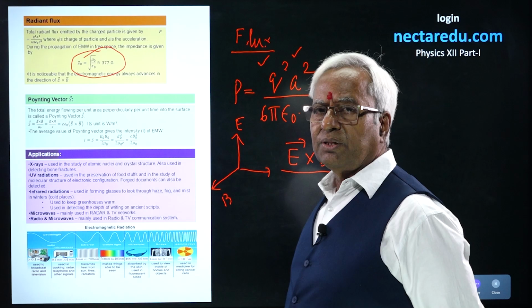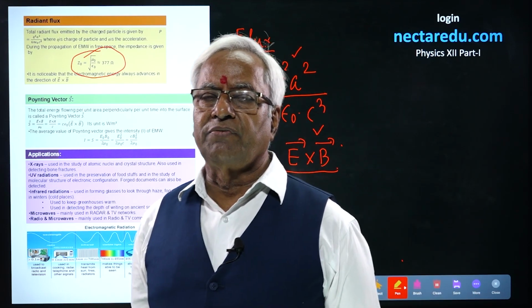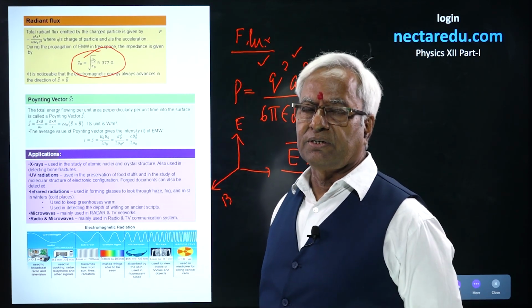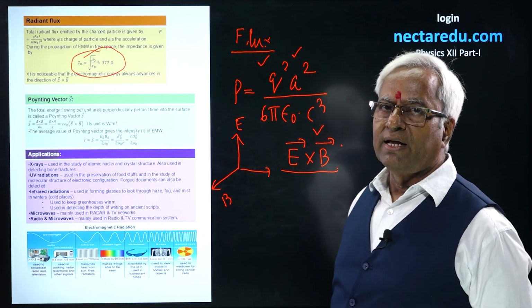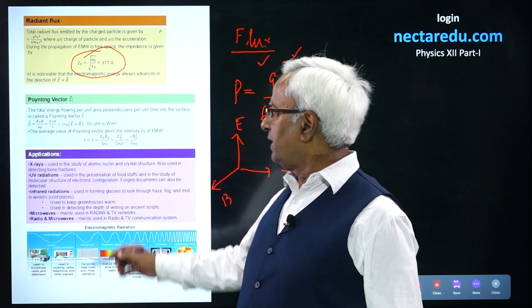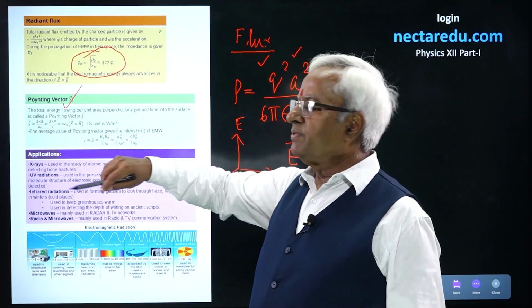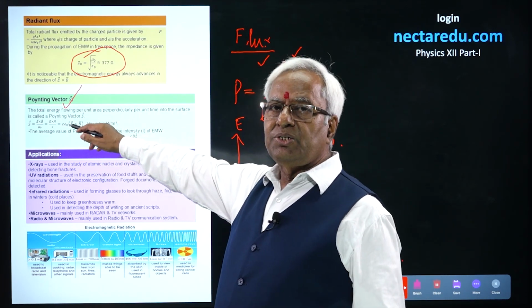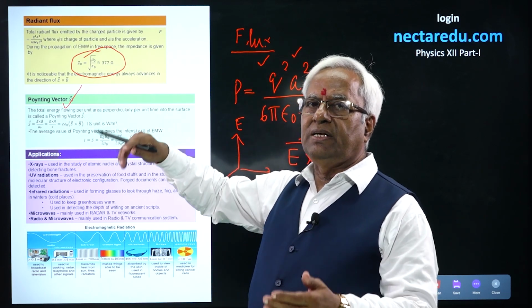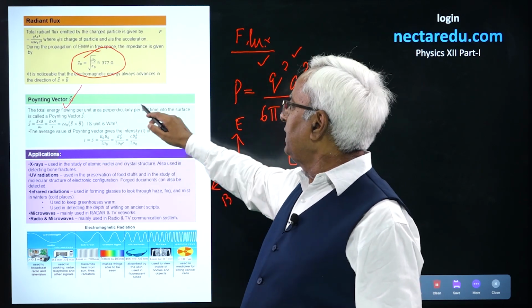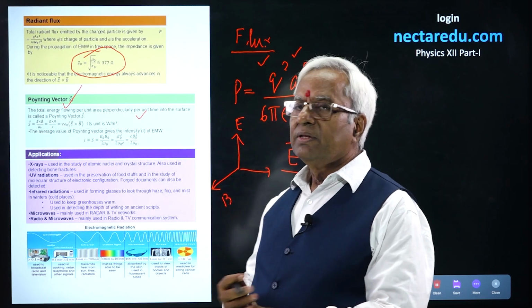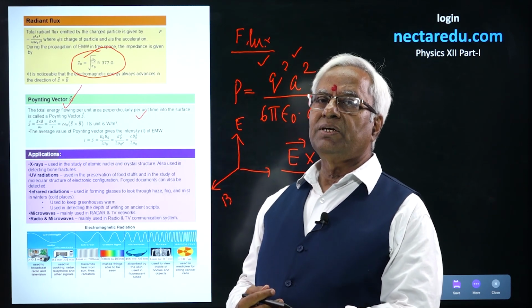Now, in the same pattern, we are going to define the Poynting vector. Poynting is the name of a scientist. It is in fact the energy traveling per unit area perpendicularly per unit time that is called the Poynting vector.